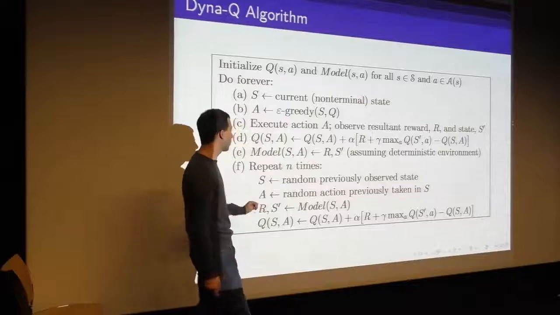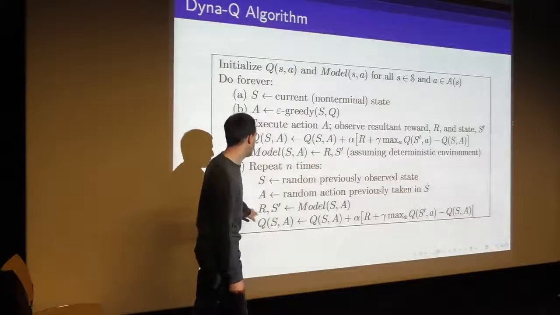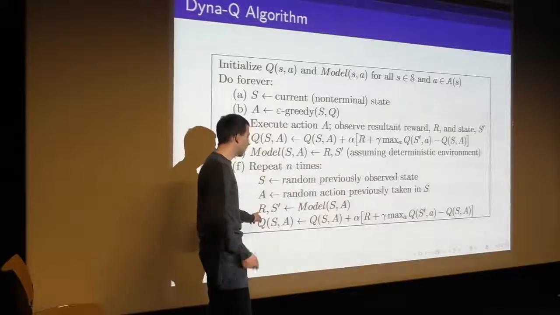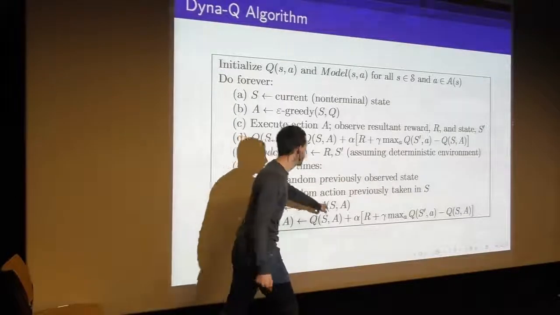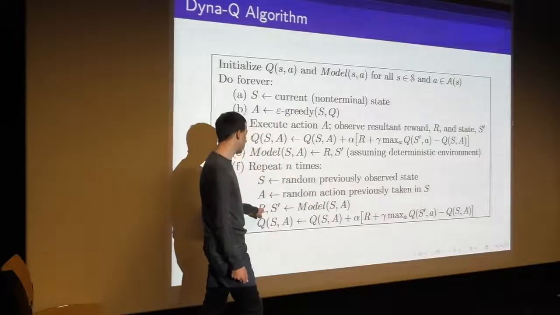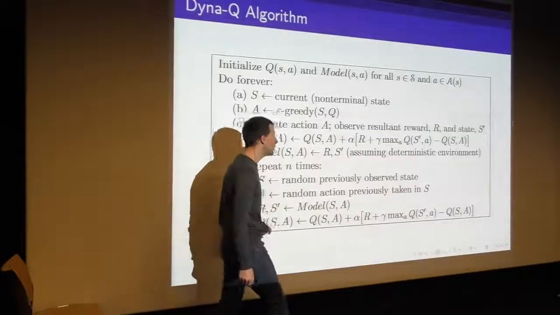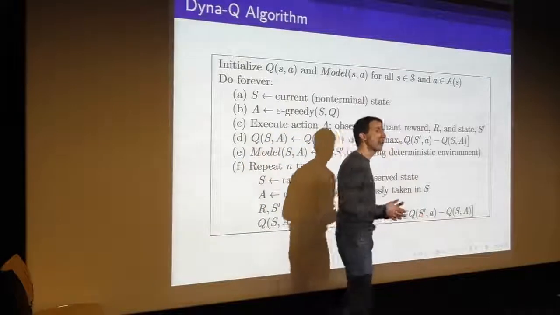And now we basically imagine that transition. We say, okay, according to my model, if I started in this state and took this action, I would get this reward and end up in this state. So let's imagine that transition, and apply a Q-learning step to that imagined transition.